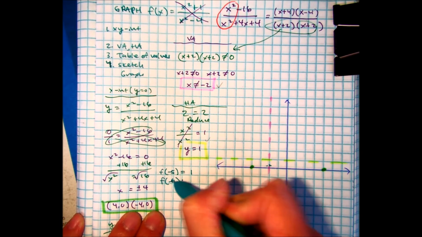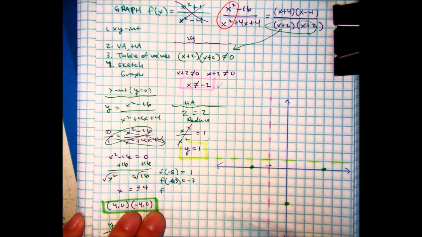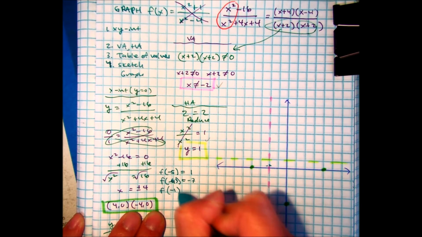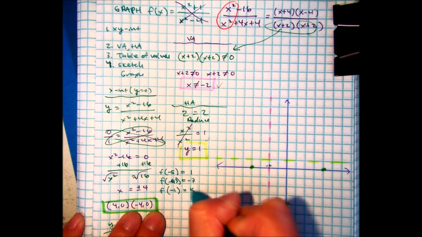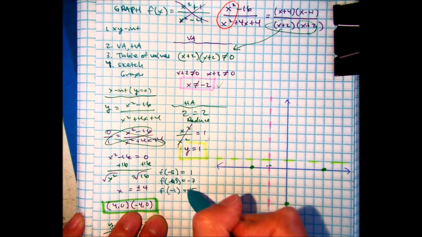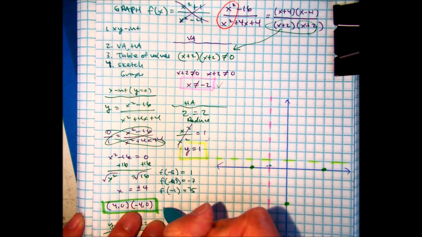I got -7. Okay. And -1, I got -15. Can I get the positive side?